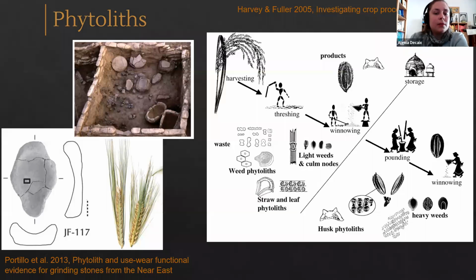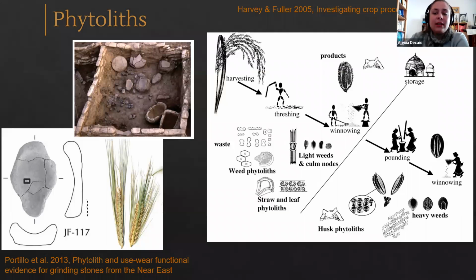Similarly, sediment samples collected on the site can provide information on crop processing, which means the different steps between harvesting and consumption of those cereals. Here on the right, you can see a representation of the main stages of rice processing, resulting in products and byproducts.